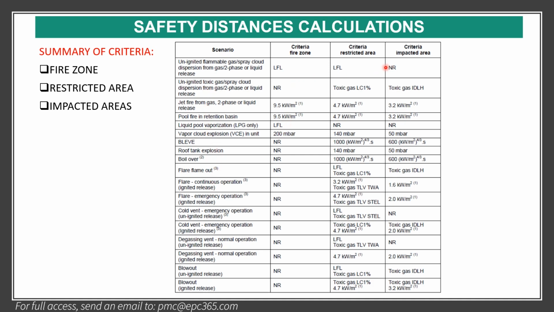LFL for both restricted area and fire zone. Normally for thermal radiation, 9.5 kilowatt for fire zone, 4.7 for restricted area, and 3.2 for impacted area. 200 millibar is for the fire zone, 140 for restricted and 50 millibar for impacted area. Of course, when you go to 50 millibar, it goes very far.